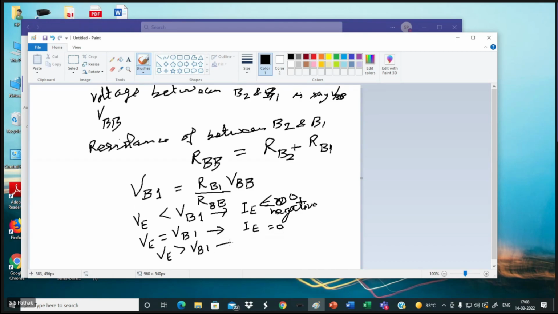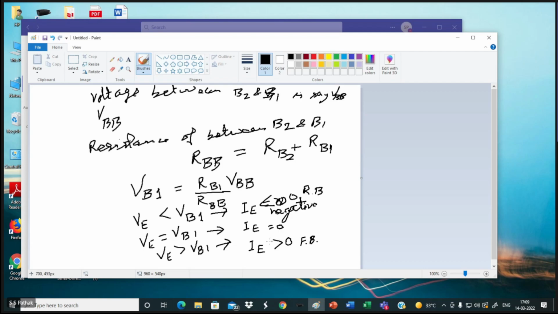When VE is greater than VB1, IE becomes greater than 0. The junction is forward biased. Here the junction was reverse biased, so current was not flowing. So when the junction becomes forward biased, IE becomes greater than 0.